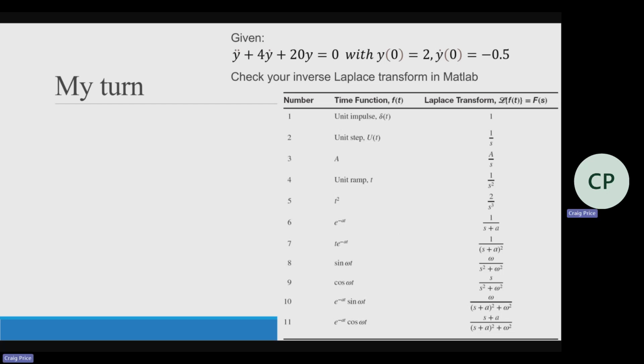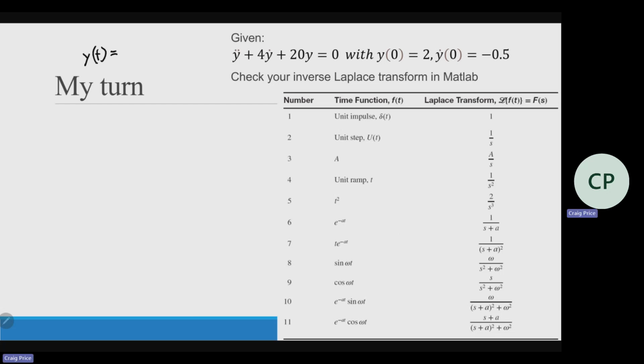Here's my equation. We have initial conditions, and what we're trying to find is our goal, which I guess it doesn't actually say, is we're going to try to find y as a function of time. What is my complete response?